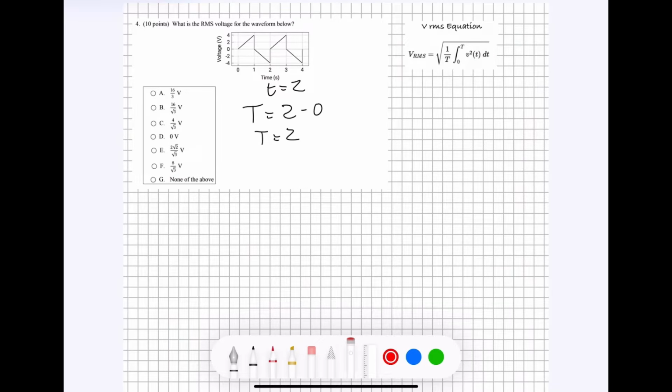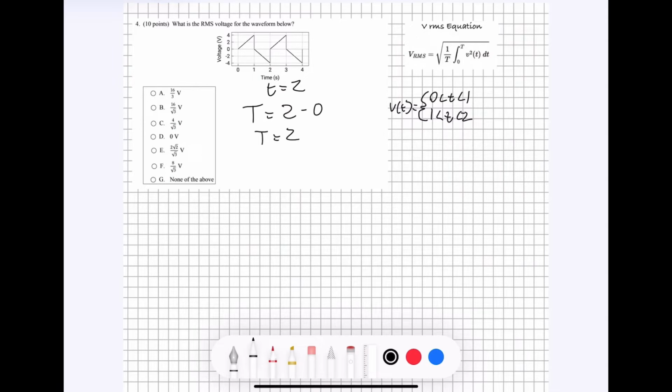And we can see that we kind of have two portions within our one period from 0 to 2. We have two portions on the graph, one where it's increasing linearly right there, and then another where it's decreasing linearly right there. So the way that we would write that out is by saying V(t) is a piecewise function from 0 to 1, and from 1 to 2, it has slightly different behaviors on the graph.